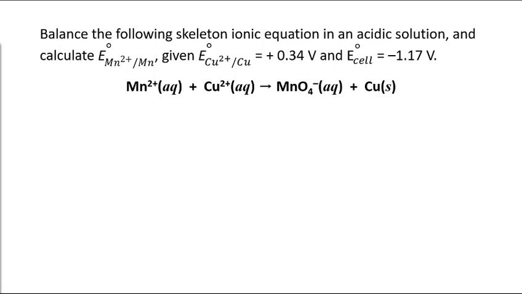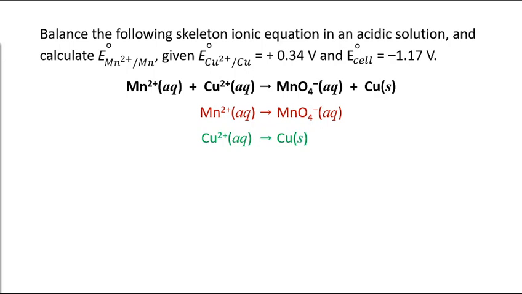The Mn2 plus is going to be converted into the MnO4 minus, and the copper 2 plus is going to be converted into the copper solid. Splitting these into 2 half cell reactions, the Mn2 plus aqueous converts into the MnO4 minus aqueous, and your copper 2 plus ions are converted into copper solid.